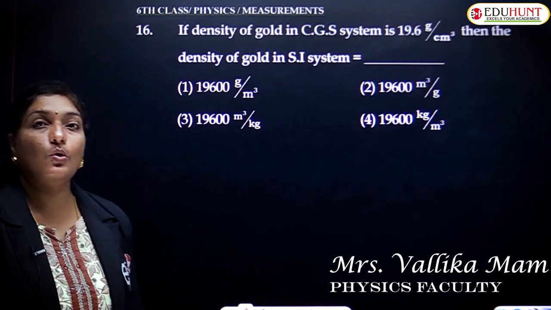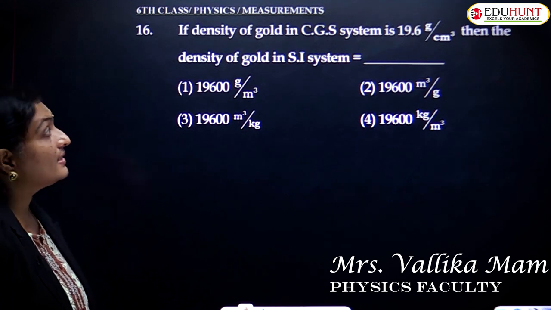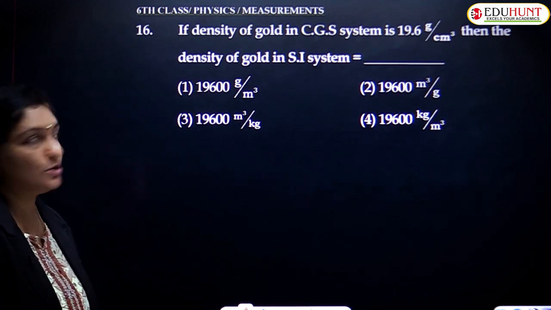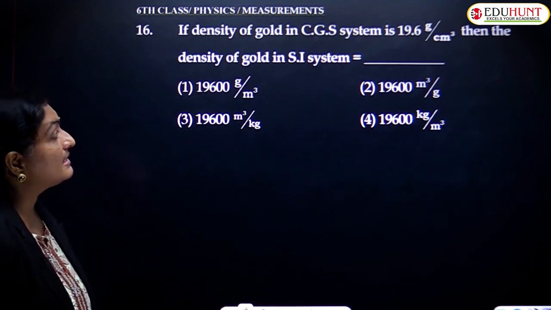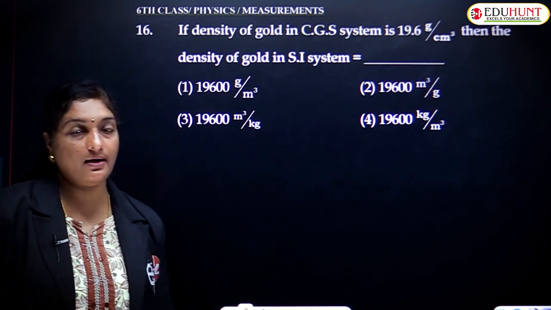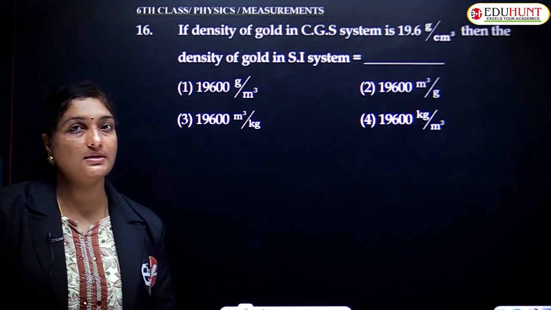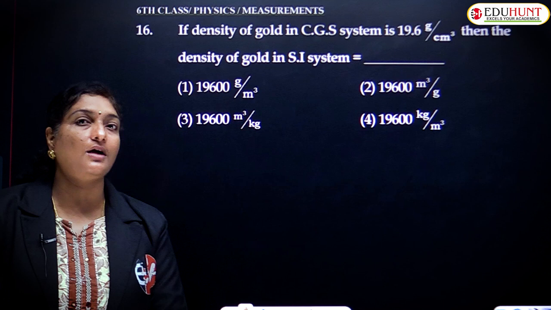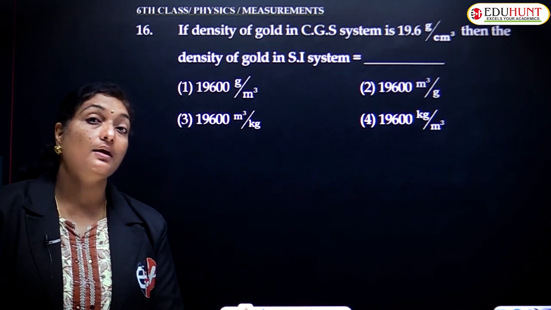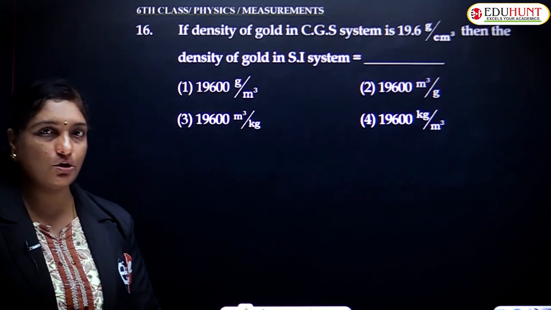If density of gold in CGS system is 19.6 gram per centimeter cube, then the density of gold in SI system is? I told you, children, 1 gram per centimeter cube is equal to how many kg per meter cube? 1000 kg per meter cube. I told you already.